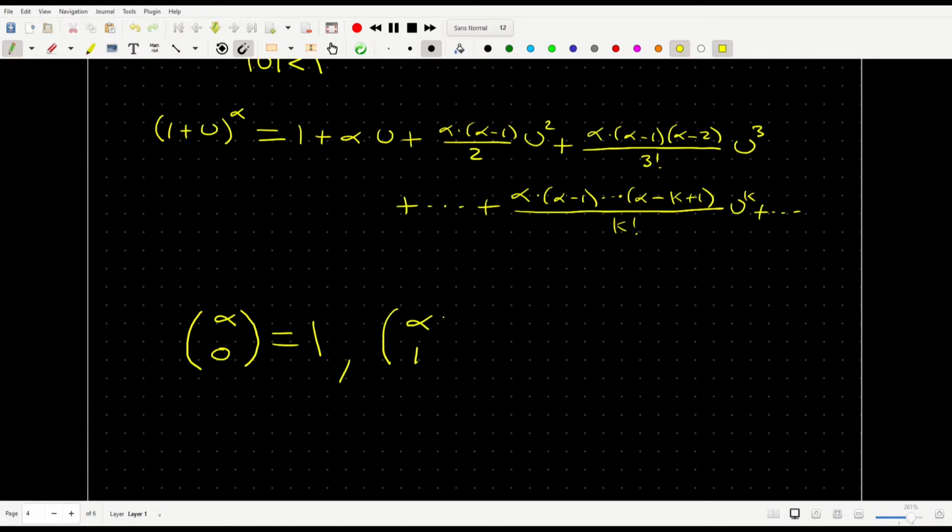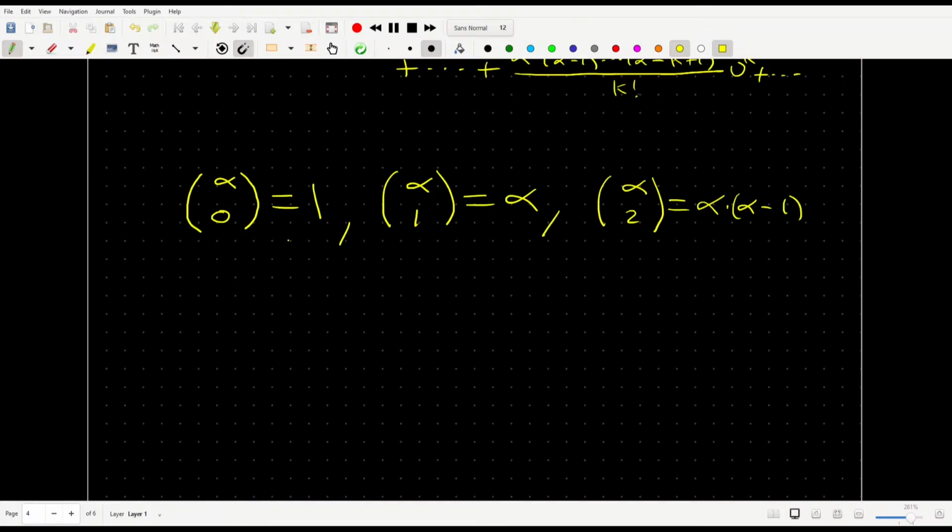Alpha choose 1 is alpha. Alpha choose 2 is alpha times alpha minus 1 over 2, and hopefully you're seeing the pattern here.